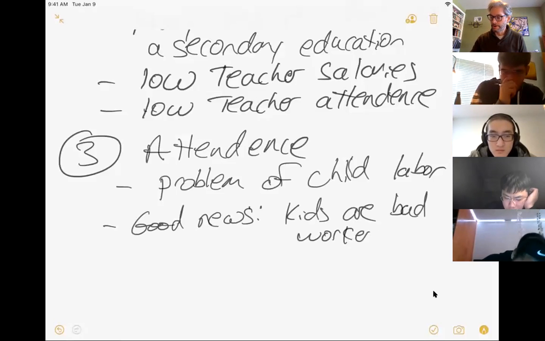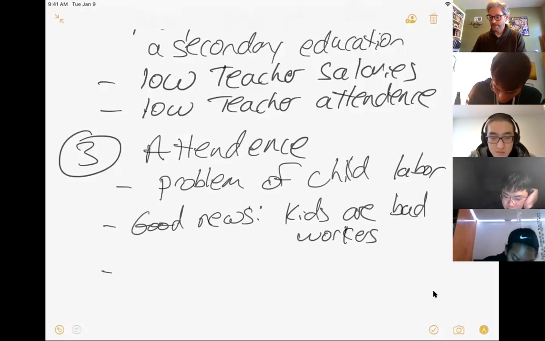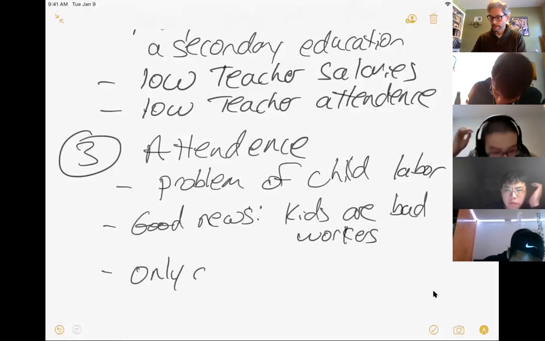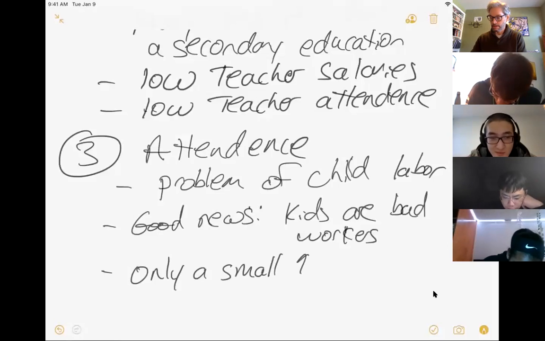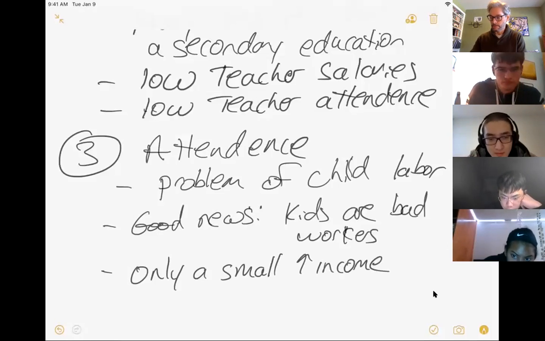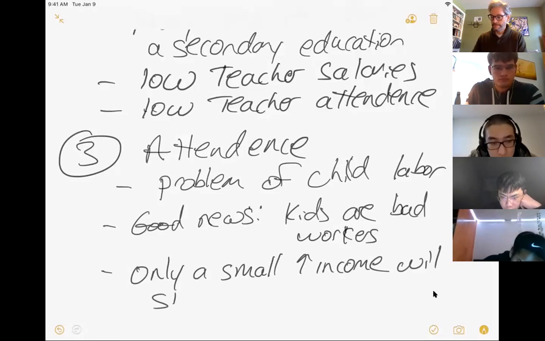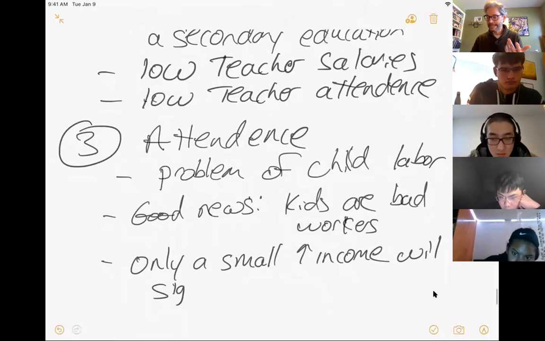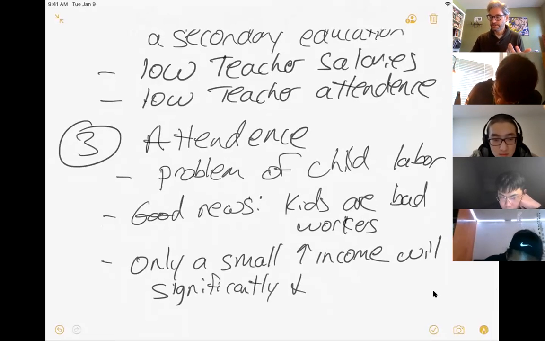Kids are really bad workers, right? I know this. They're very bad workers. And as a result, if you can increase family income by even a little bit, it will significantly reduce the rates of child labor.